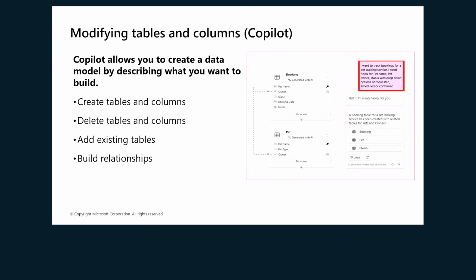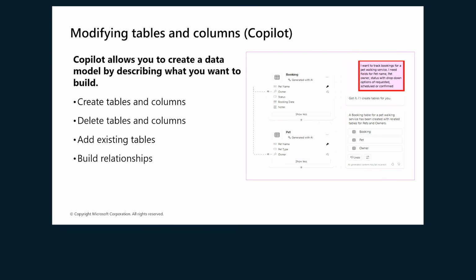Microsoft Copilot simplifies data modeling in Dataverse by allowing users to describe their needs in natural language. Copilot can create and delete tables and columns, add existing tables, and build relationships, all based on user input.